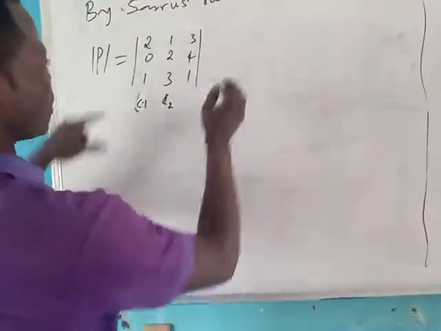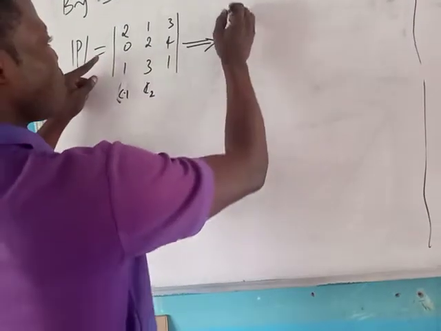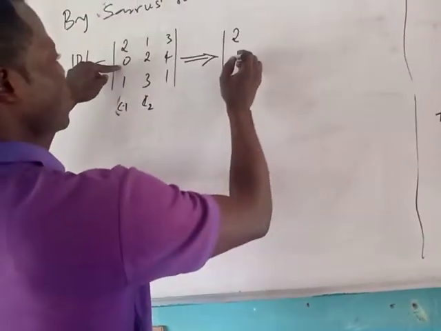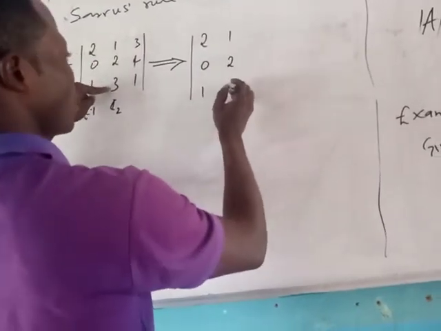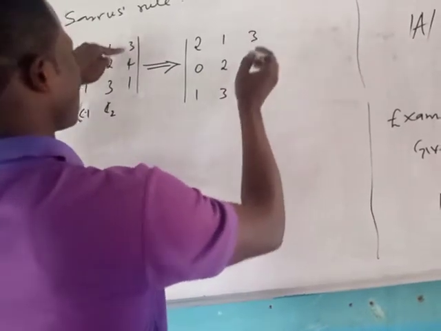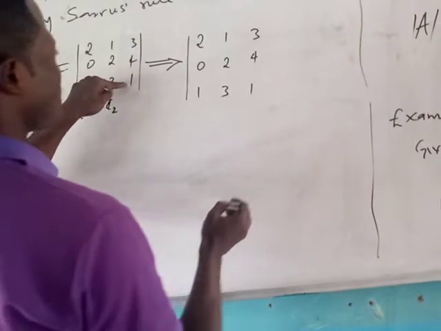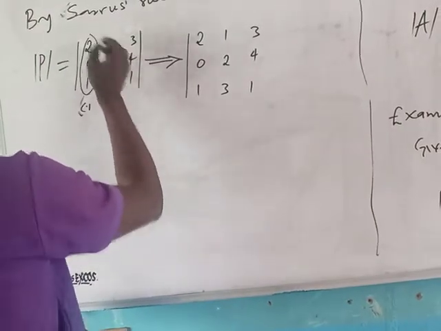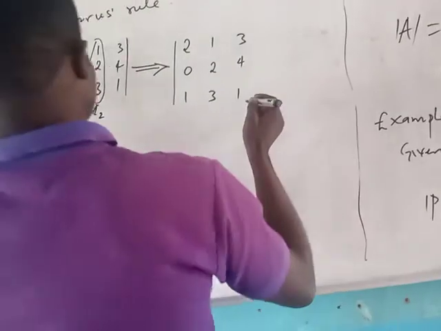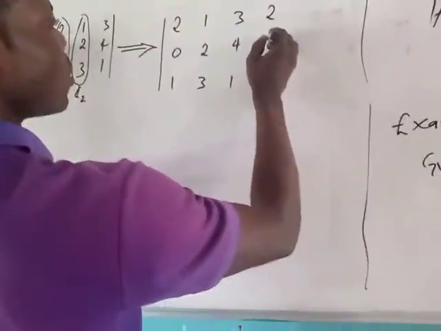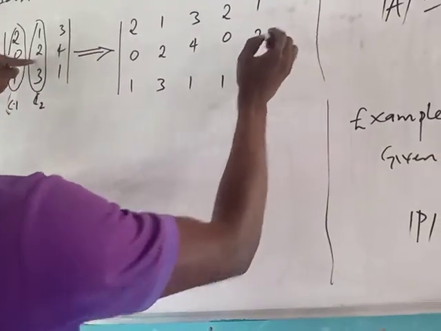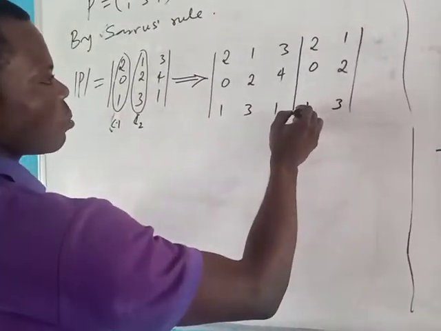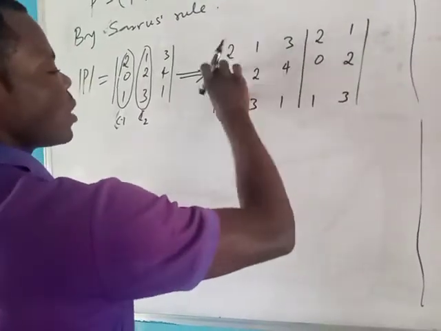So when you repeat this, this will give you 2, 0, and 1, 1, 2, 3, 3, 4, 1. So you are repeating the first 2 columns. So we have 2, 0, and 1. We have 1, 2, and 3. Okay? So don't forget, this is the one we added. We repeated this first.